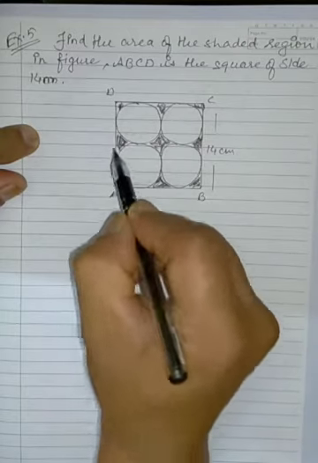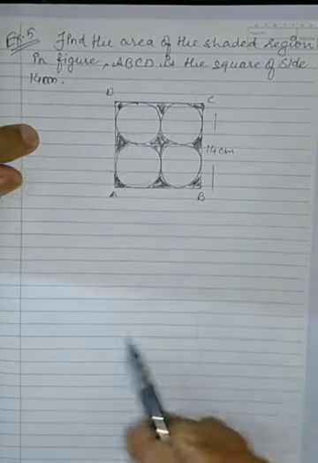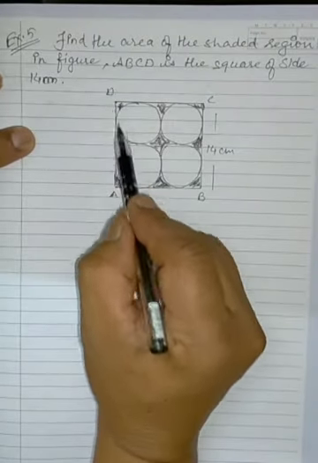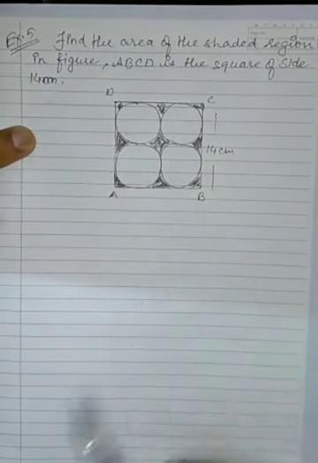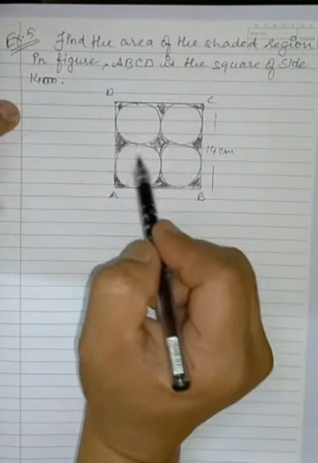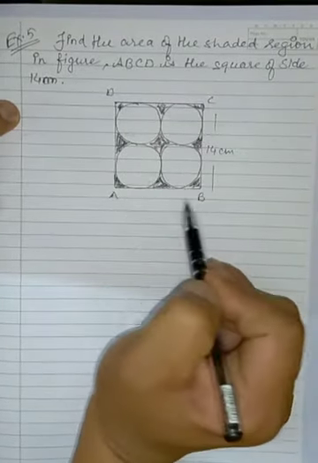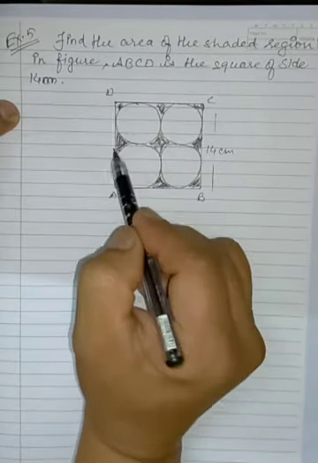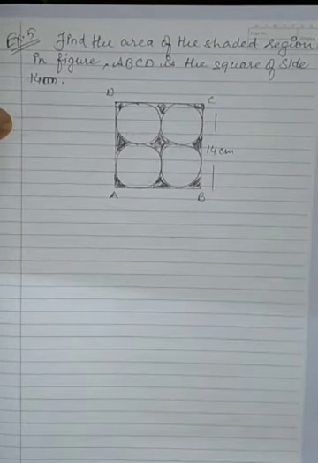It is not too difficult to understand that if we find out the area of the square ABCD and we subtract the area of 4 circles from the area of the square, we get the remaining area which is our required shaded region.